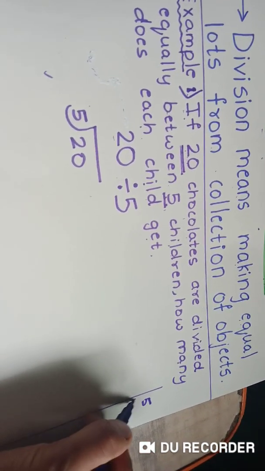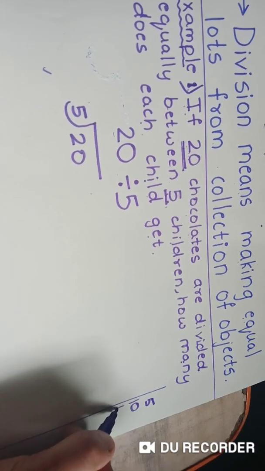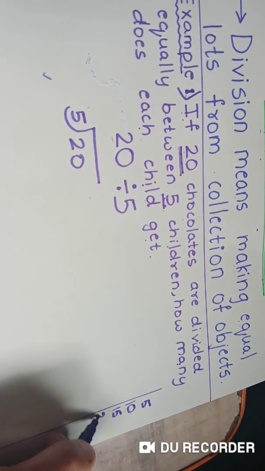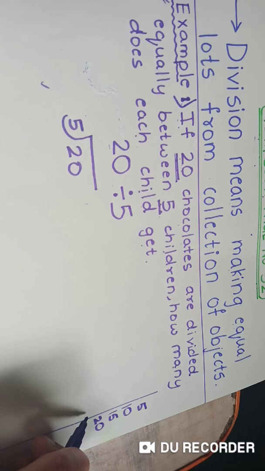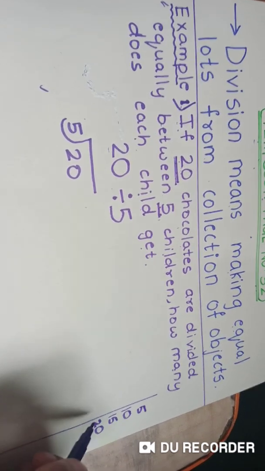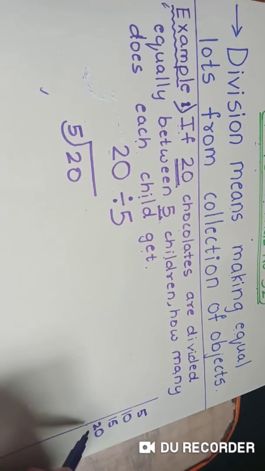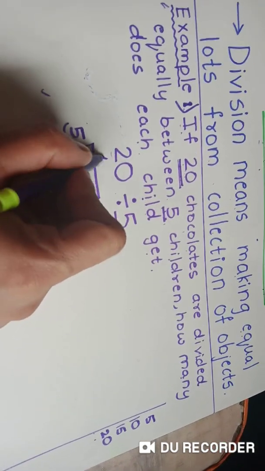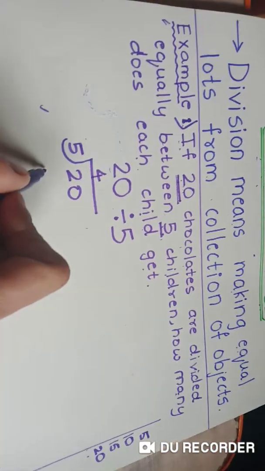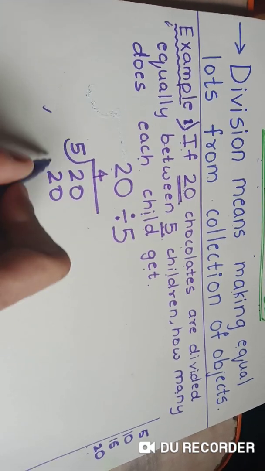5 ones are 5, 5 twos are 10, 5 threes are 15, 5 fours are 20. In the 5 table, how many times does 20 come? 4. Therefore, here we will write 4, 5 fours are 20.